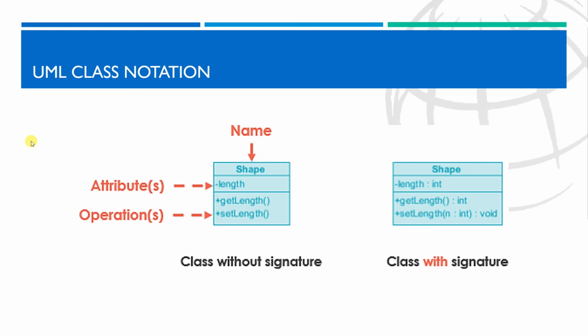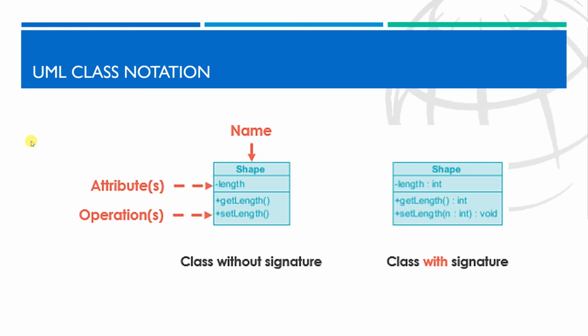The class name is the only mandatory information for the class notation, and a class has three parts, or is divided into three parts.